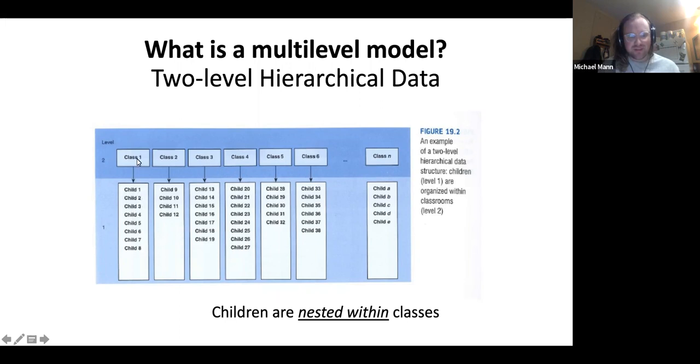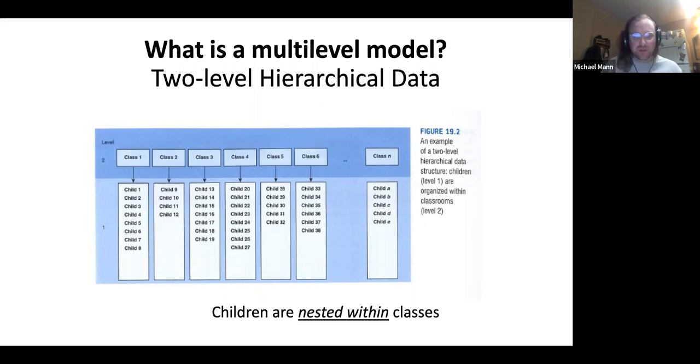In this case, they're only in class 1, and these other set of kids are in class 2, etc. And you can see that child 1 doesn't exist in any of the other classes. It's only nested within that class 1 level. So we would describe this as being nested within classes.